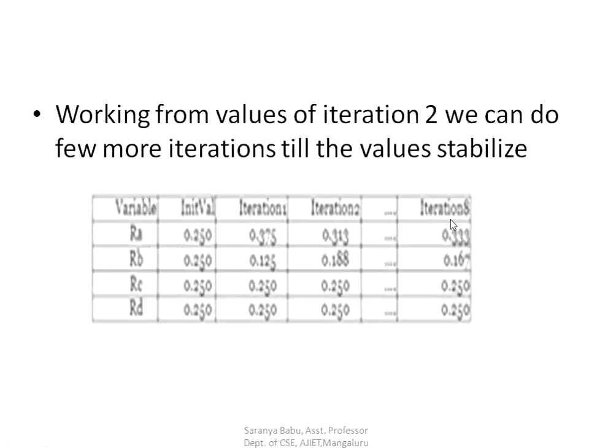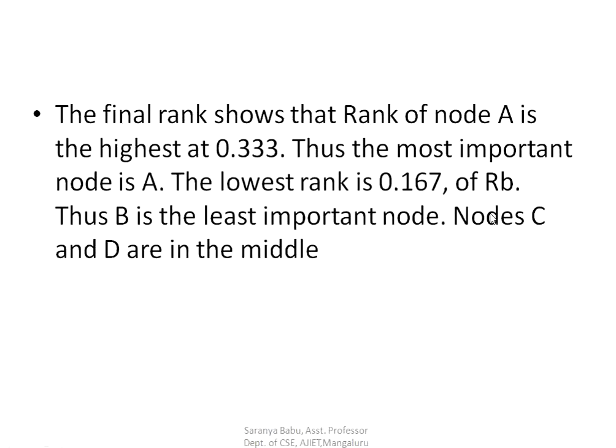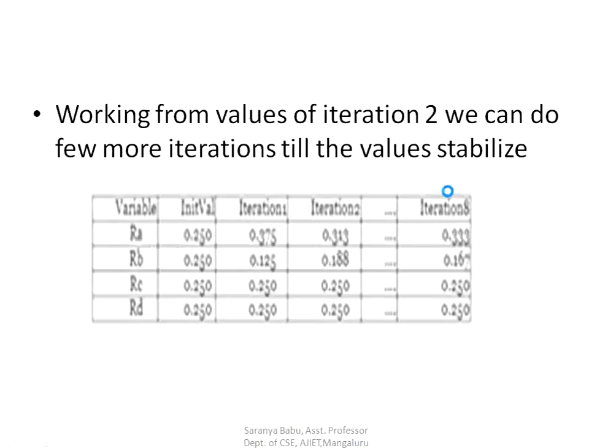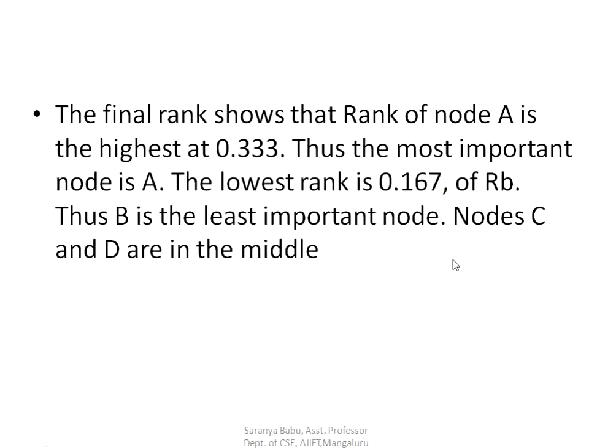When you get a stabilized rank, you can see which is having the highest value. Node A is having the highest value, that is 0.33. So the rank of node A is highest, and the most important node is A. The lowest rank is 0.167, which is of B. So B is the least important node.